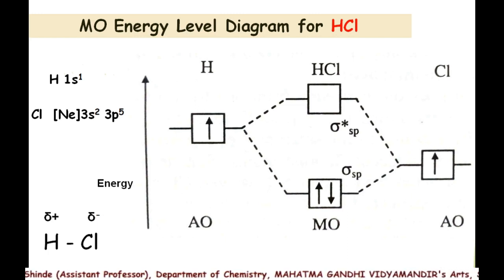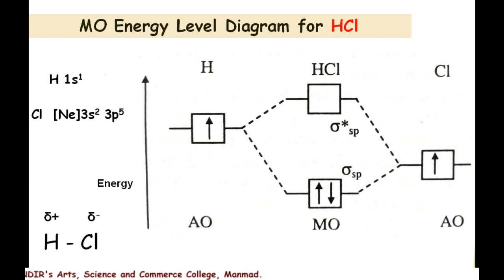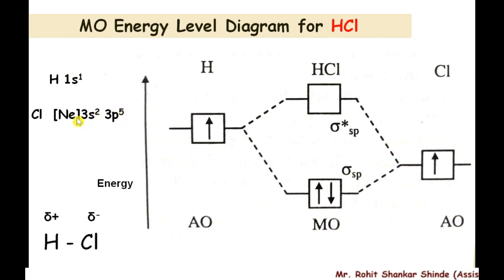The electronic configuration of hydrogen is 1s1. The electronic configuration of chlorine is 1s2, 2s2, 2p6, 3s2, 3p5, or in condensed form, neon 3s2, 3p5. Only one electron is required for the completion of the octet in case of chlorine.